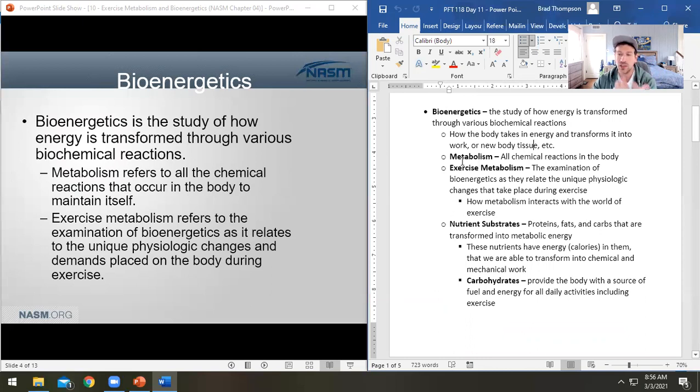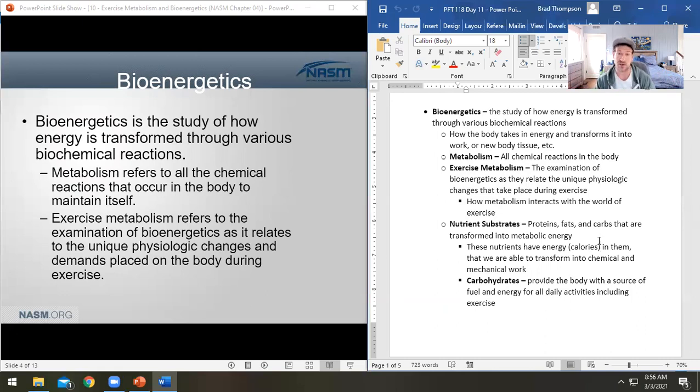So when we're talking about bioenergetics, we're going to be talking about metabolism and exercise metabolism, which are two slightly different definitions. Metabolism is any and all chemical reactions taking place in the body. Exercise metabolism is any and all chemical reactions that take place inside the body during exercise, which is a very unique situation.